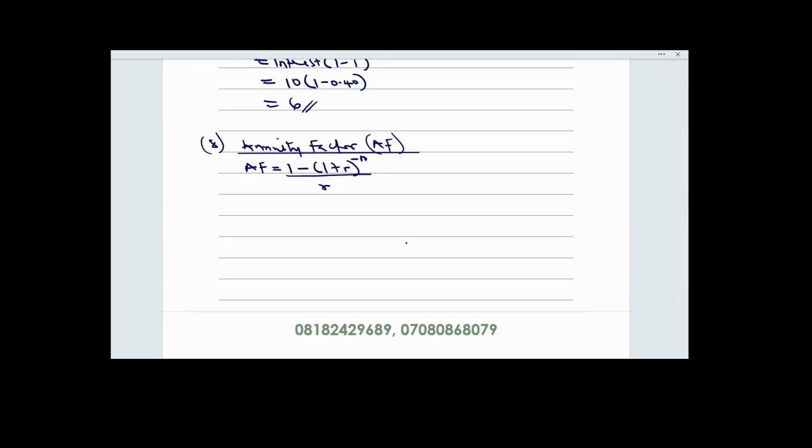So this is what I'm saying. For years 1 to 3, the annuity factor will be 1 minus 1.10 raised to power minus 3, because we are doing year 1 to 3, then divided by the discount rate of 10%, 0.10.